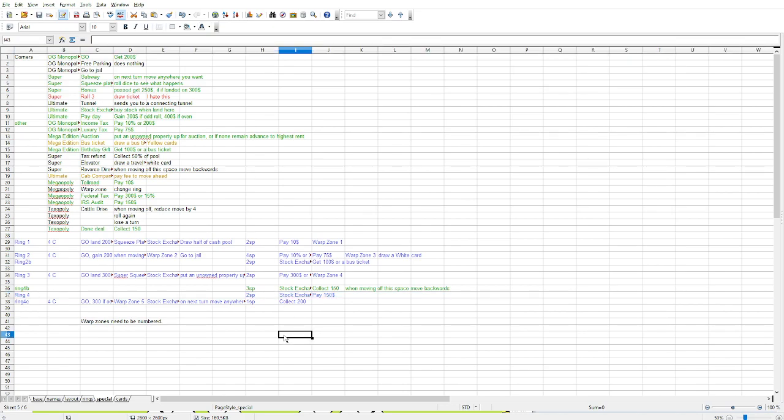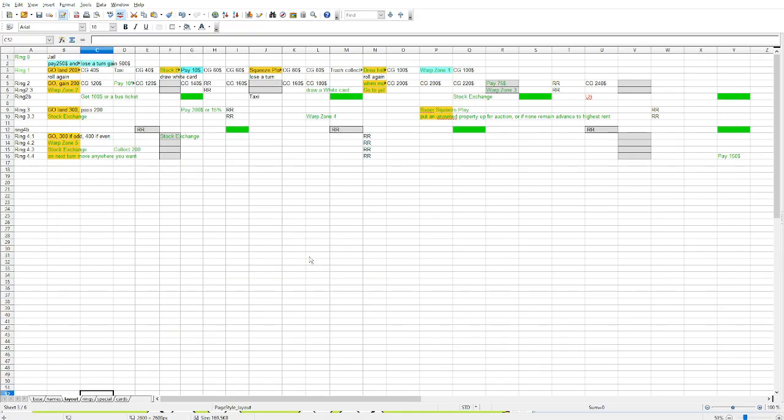All right, now I need to put another stock exchange out. Yeah, ring 4 actually has 3 stock exchanges. Who knew? Anyways, moving on. So, I have a stock exchange near corner 1, a stock exchange on corner 3.